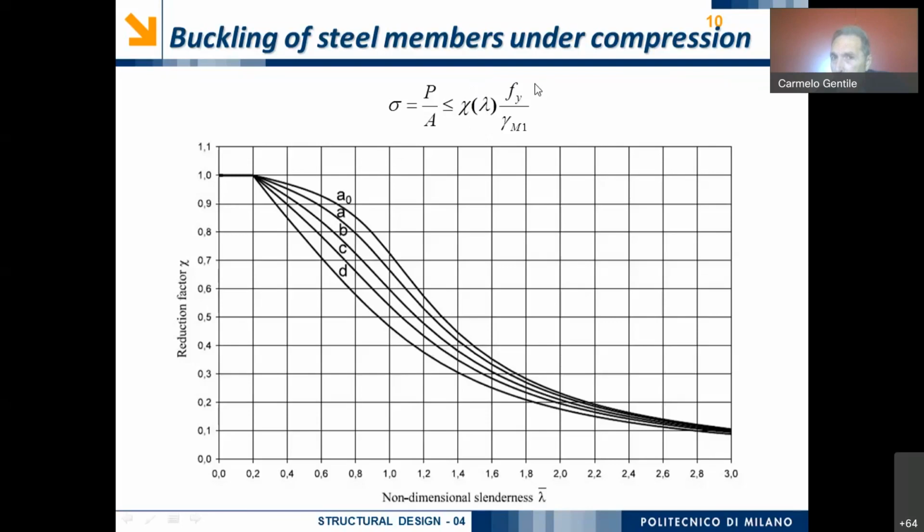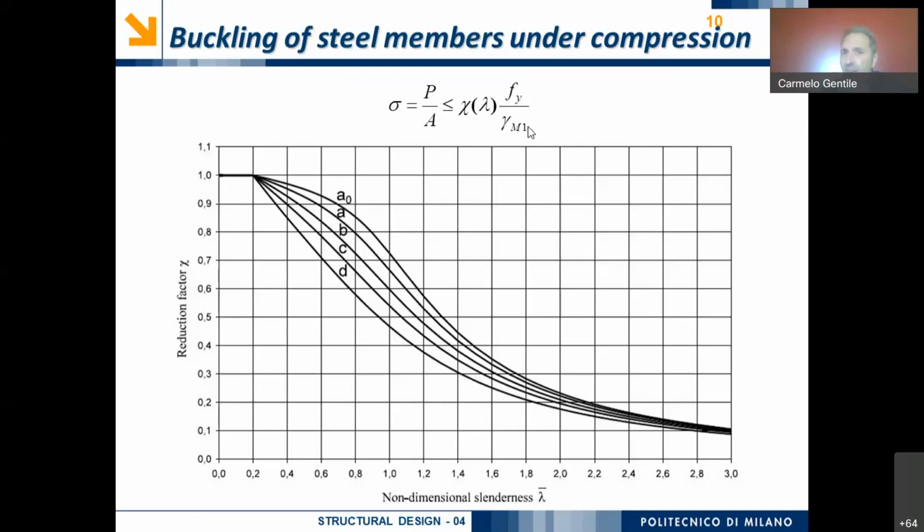It is possible to simplify this value of Fy with the value of Fy here in key. In addition, this relationship is P over A less than or equal to critical sigma over the safety coefficient gamma M1, okay?